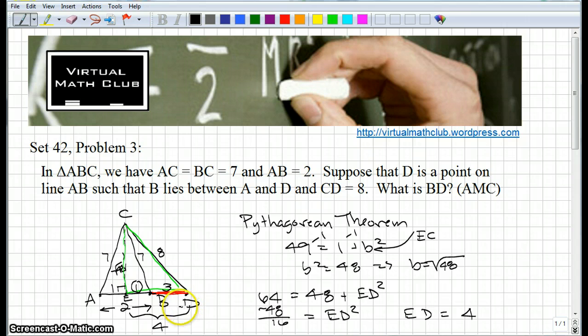So our answer is that the length BD is equal to ED, which is 4, minus EB, which is 1, which is 3. We don't have any units on this, they're just giving us numbers with no units. But this is the length of BD.